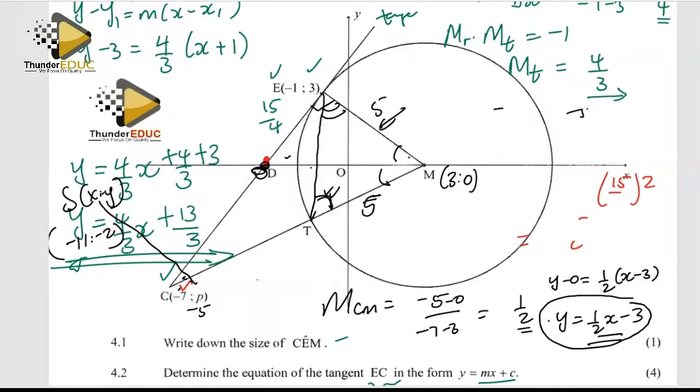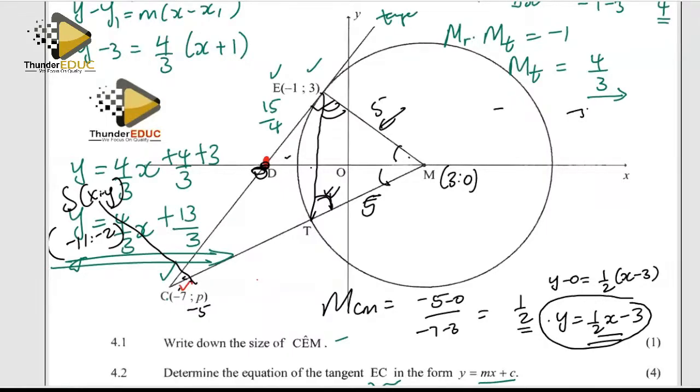I'm sorry for boring you guys with my long method, but we could also use this, okay? So the gradient of EM, remember we said it is 3 minus 0 over negative 1 minus 3, which is basically 3 over 4 negative. No? That's the first question we started with.